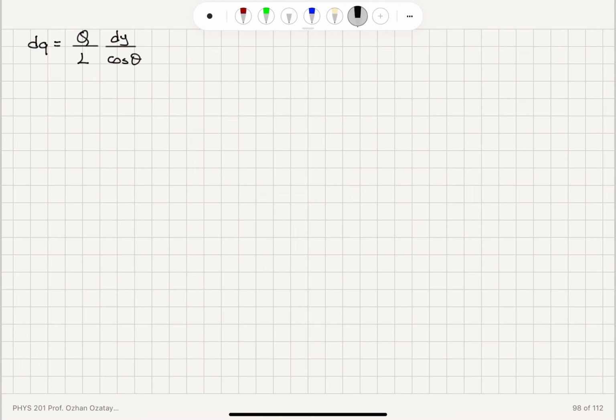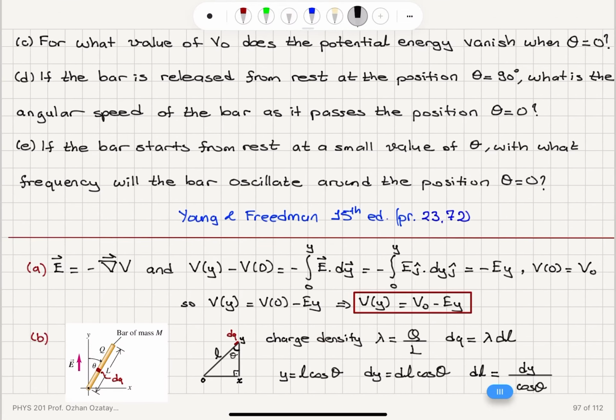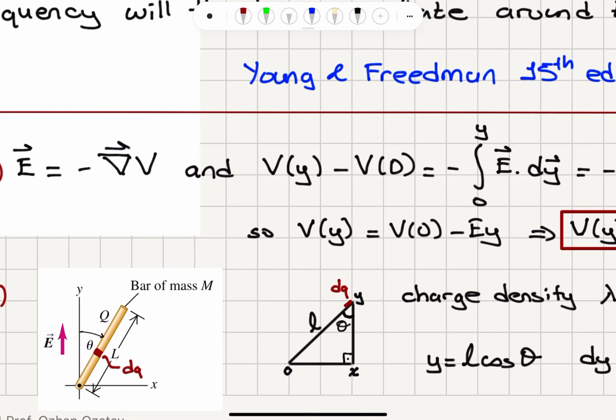And the maximum value y can have in the integral I'm going to write is capital L cosine theta, because that's basically the end of the bar here. So this is going to correspond to capital L cosine theta.